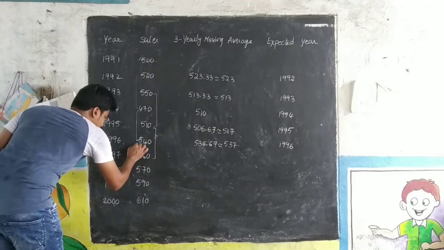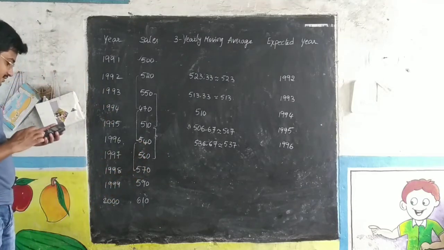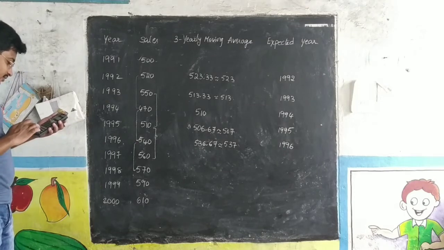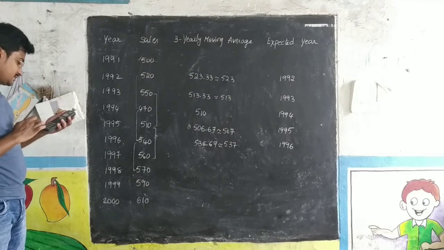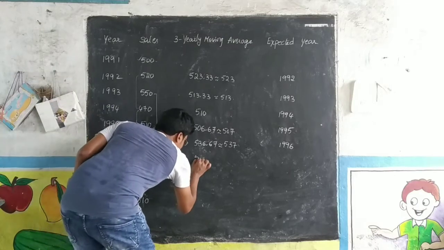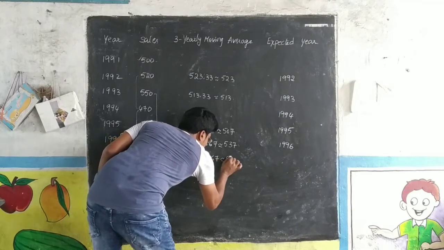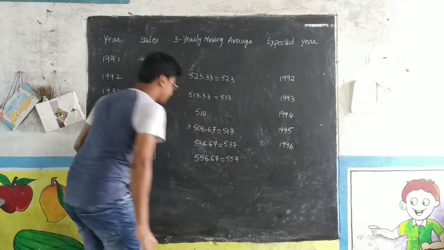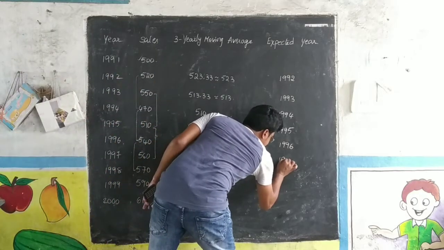Next, the middle year is 1997: 540 plus 560 plus 570 divided by 3 is 556.67, approximately 557. The expected year is 1997.